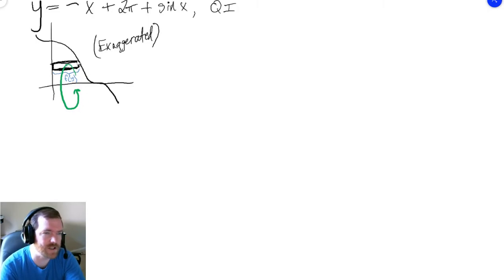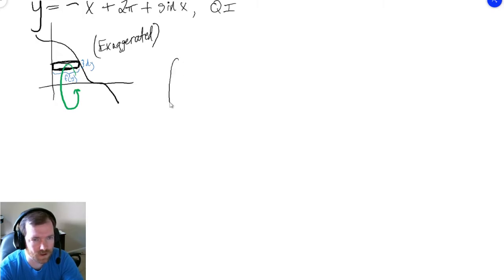And again, this is rotated all the way around the axis. Now look at it. We're looking at this with this part being dx, or dy here. This is going to create a shell, or rather a cylinder, that goes this way.